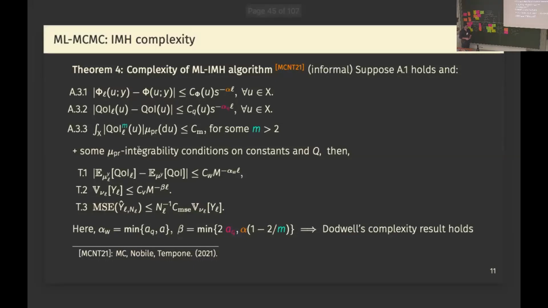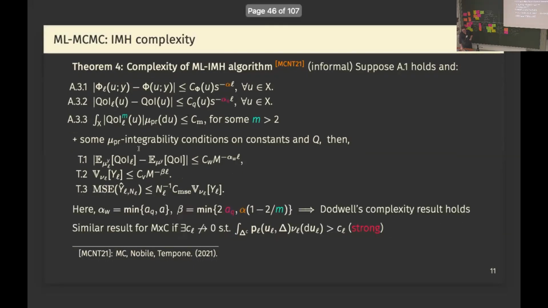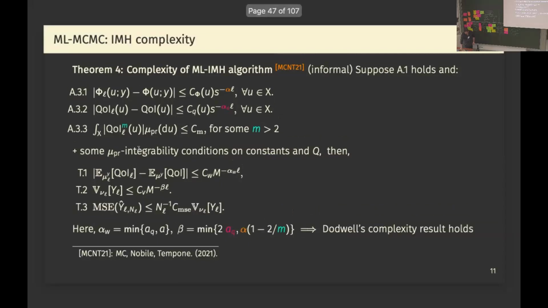Again, this is important because one can show that Rob's complexity result can be extended to other proposals. We were also able to show some similar results for the maximal coupling algorithm. However, they rely upon much stronger assumptions, so I'm not going to mention them.